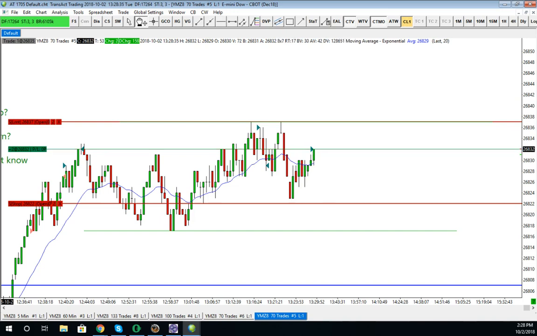Okay, 32. And we can get several ticks out of this. That was a quick move lower. Okay, if it doesn't pop up, I'll get out.